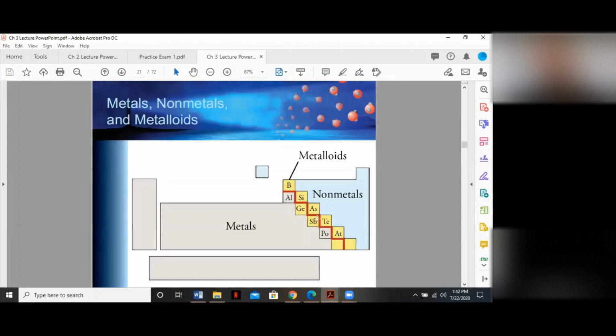All of these are metalloids, meaning they share the two groups' properties, metals and non-metals. And once again, I'm not going to be asking you to list properties of metalloids. I will not be asking you to list properties of metals, but it's important to know where the metals are and where the non-metals are.